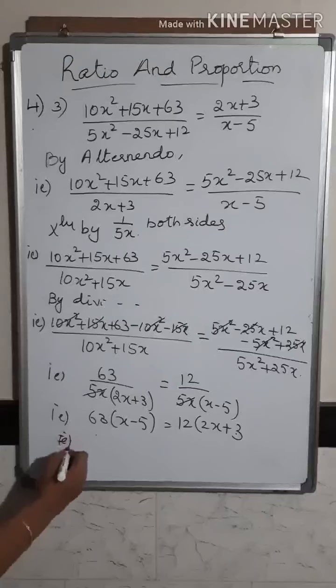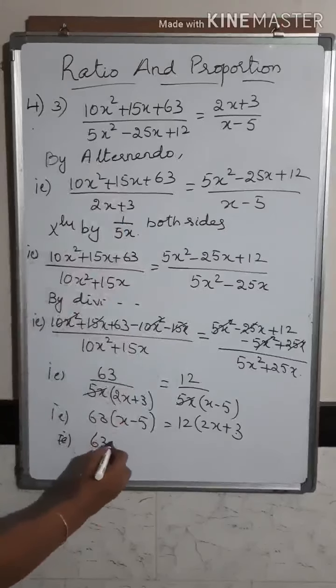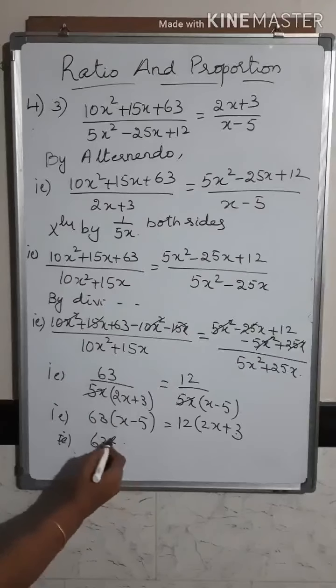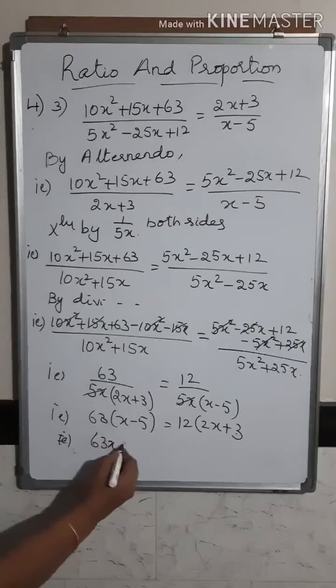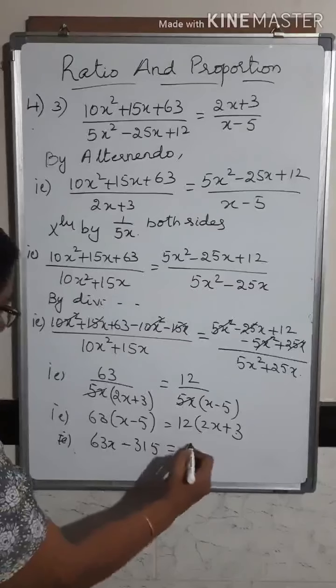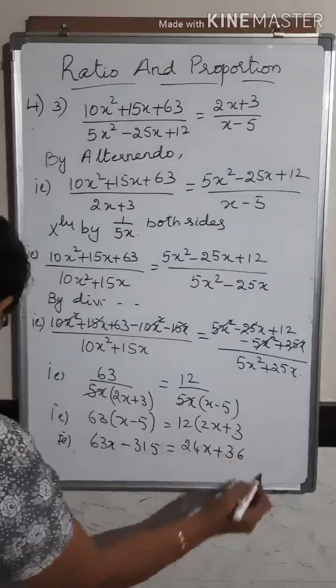So you get this as 63x minus 5 3s are 15, 6 5s are 30, 315 is equal to 12 2s are 24x, 12 3s are 36.